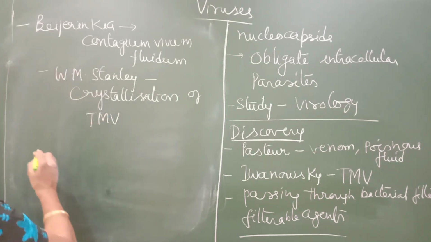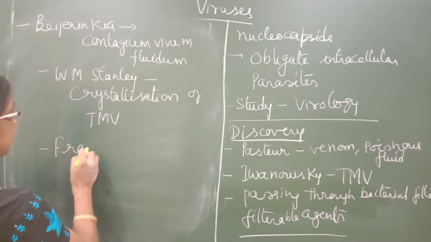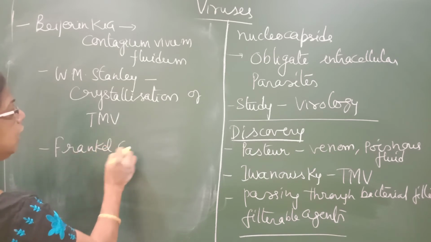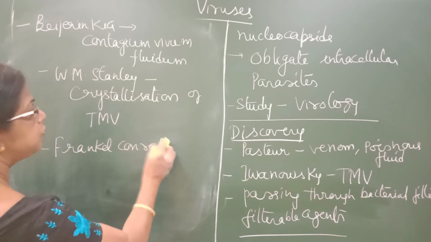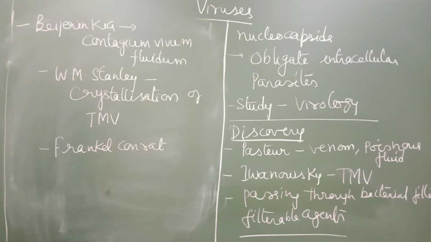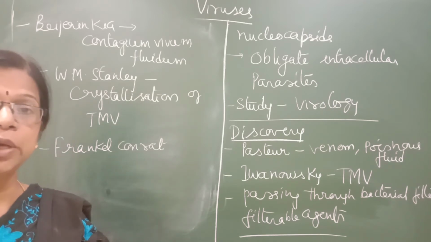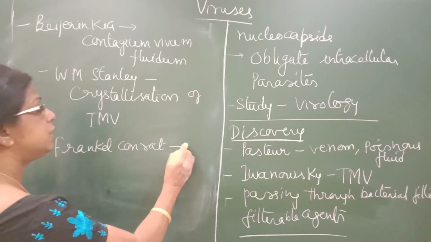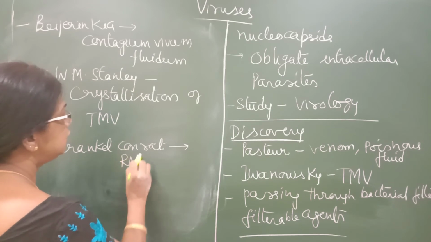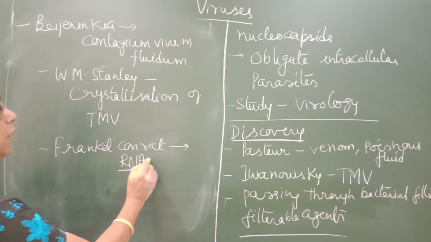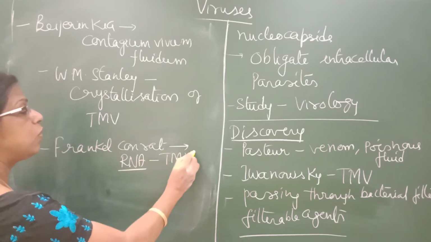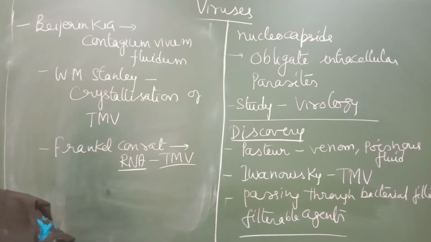And then the other scientist, Frankel Conrat, found out the genetic material in tobacco mosaic virus. He observed that it is the RNA which is the genetic material in tobacco mosaic virus.